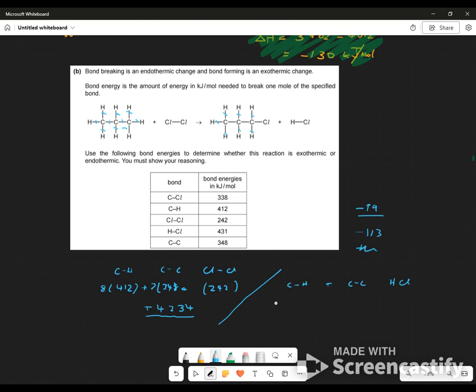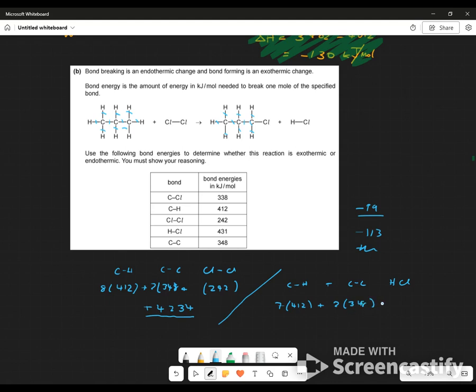So in this case, there are 7 CHs, and that's 412, plus how many CCs? 1, 2 CCs. All right, so it's 2 times, where's CC? 348.